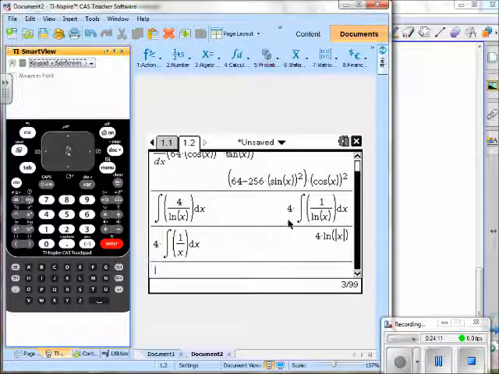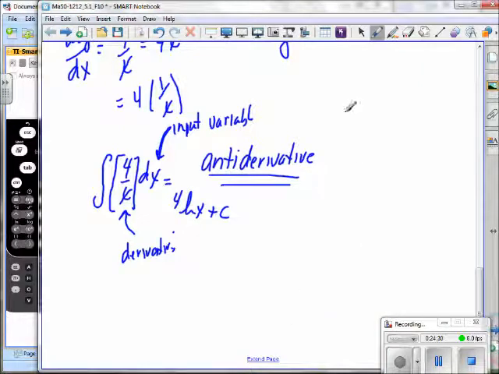Now, why would we have the absolute value on this? I didn't put it in our work, but the Inspire is reminding me that we should have. Well, can you take the natural log of a negative quantity? What if I had the natural log of -2?